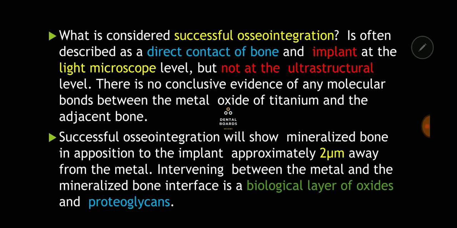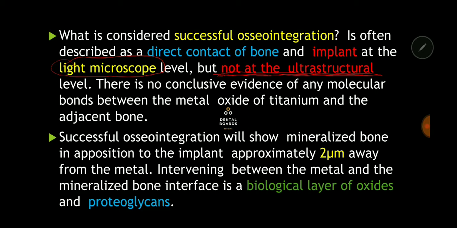Successful osseointegration is often described as the direct contact of bone and the implant at the light microscopic level, but, as we mentioned in the previous series, not at the ultrastructural level. At the light microscopic level you can say there's intimate, direct bone-to-implant contact.